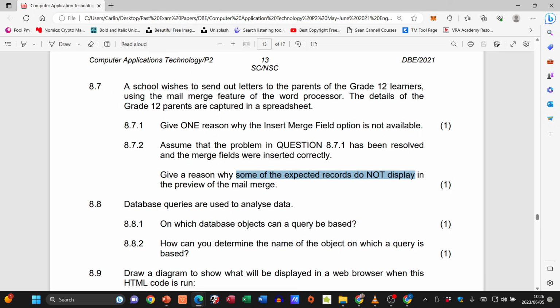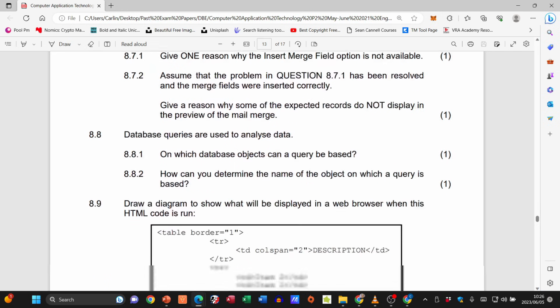Maybe some data is actually missing, because remember, once I've inserted my data source and I insert my merge fields, all of this is based on the data source. So if there's a problem with the data source, remember that term, garbage in, garbage out? If the problem is with the data source, then that's why I might get an issue here. So we can simply say there could be a problem with the data source itself.